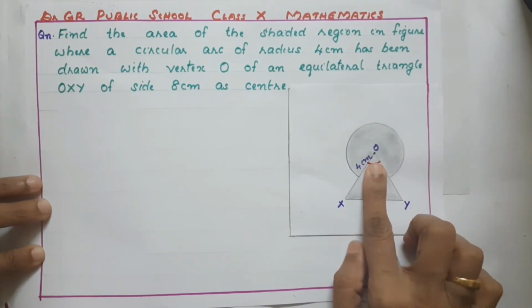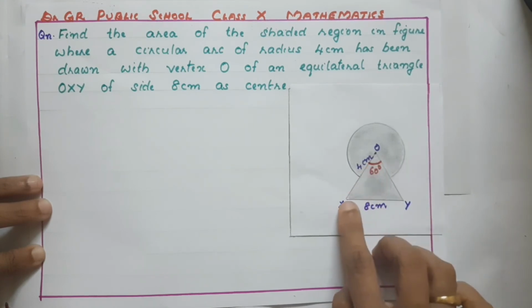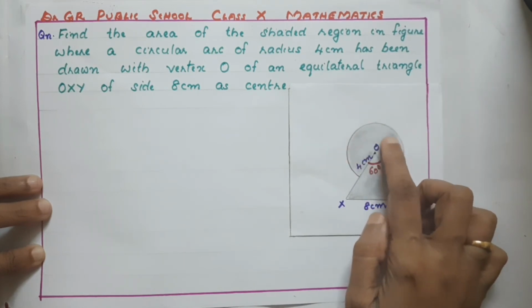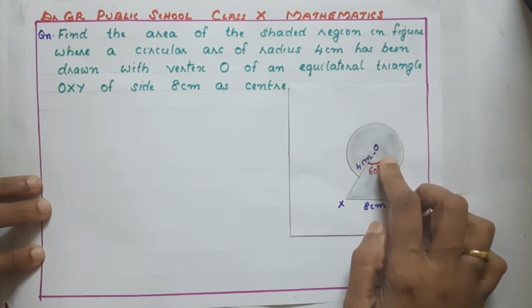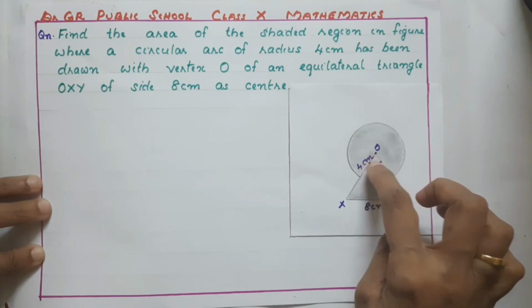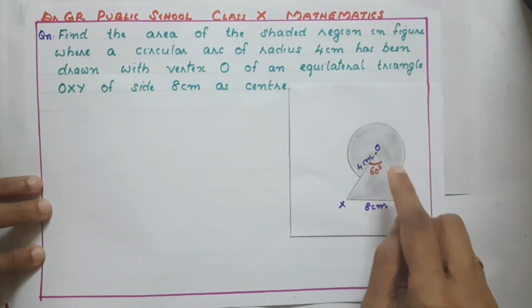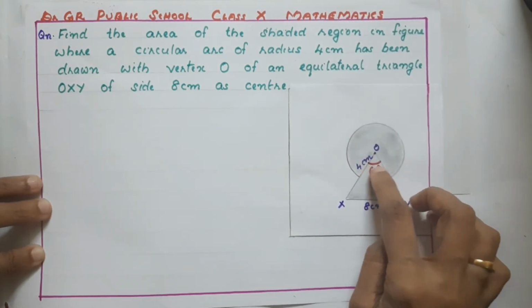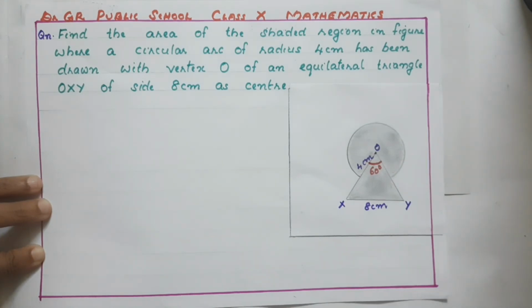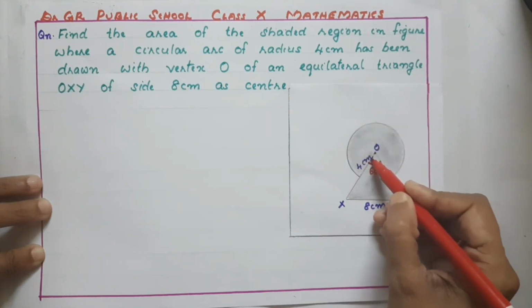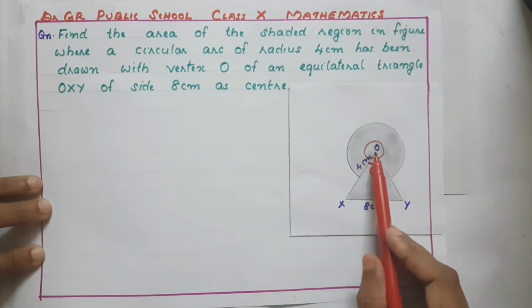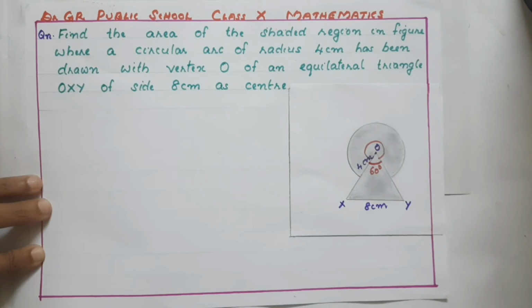Area of equilateral triangle, what is the area? Root 3 by 4 a square, a is the side. Then how will you get the area of this major sector? Yes, 360 minus theta. This much portion is the minor sector. So how will you get the angle here? Yes, total 360 minus 60.